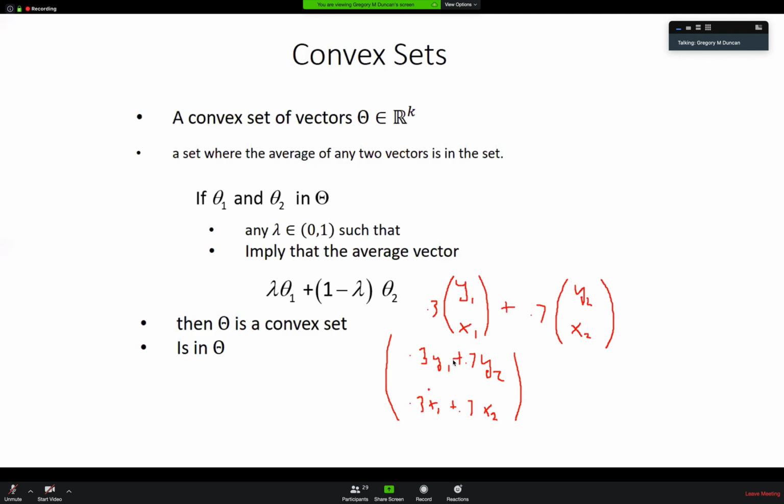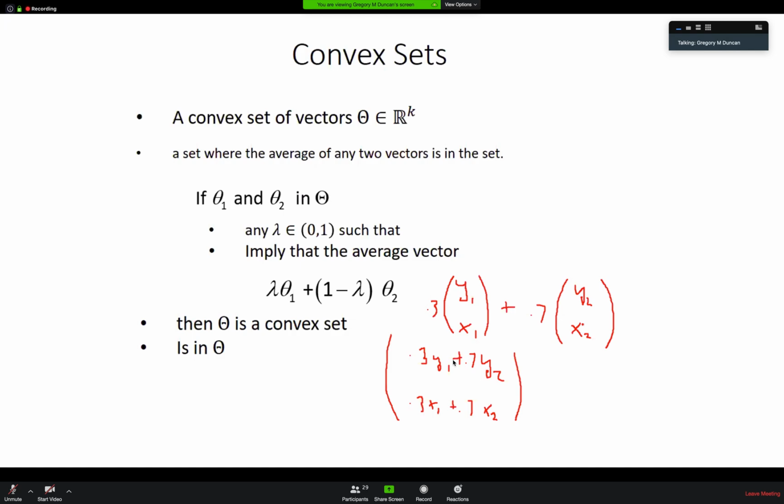If the answer is no, then theta is not convex. If it's yes, then we have to go through every single possible lambda, from lambda equals 0 to lambda equals 1. And we have to do that for every single pair of vectors in theta.